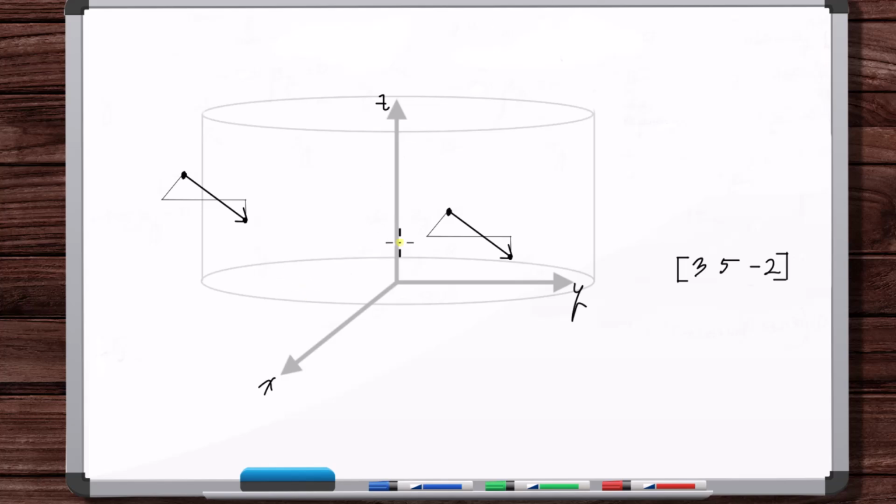Okay, but we could do this same process with the cylindrical coordinate system. So let me change colors here. You could specify 3 numbers. Let's say 2, and then an angle would be something like 30 degrees, so that's pi over 6 radians. Let's do negative. And then z would be maybe 3.